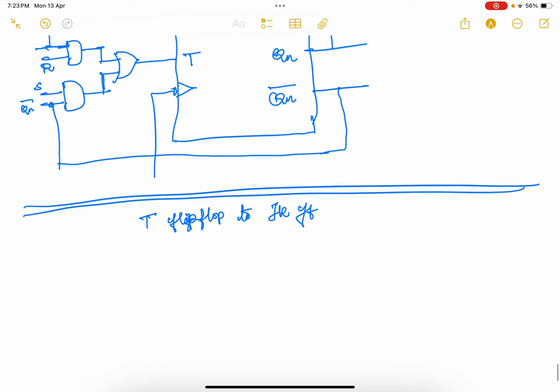JK flip-flop conversion. Okay, so here also the main thing is, the destination flip-flop, that is JK, is the destination flip-flop, T is the source flip-flop.